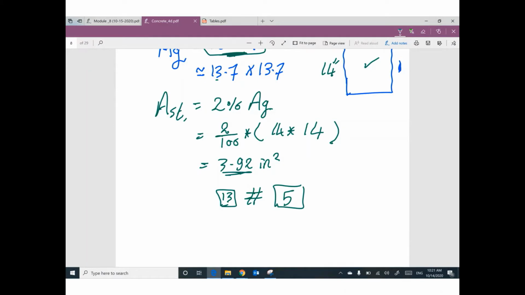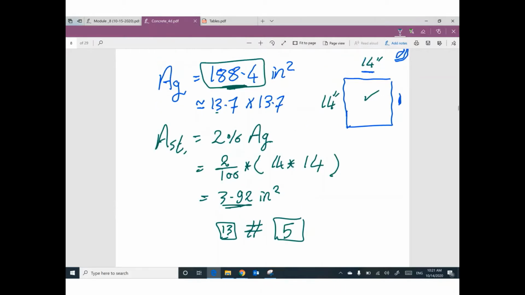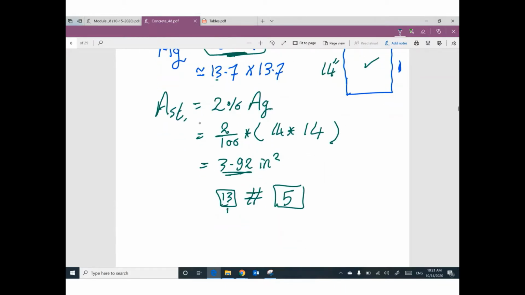Too much? Actually, for practice, we need this number to be an even number. Do you know why?